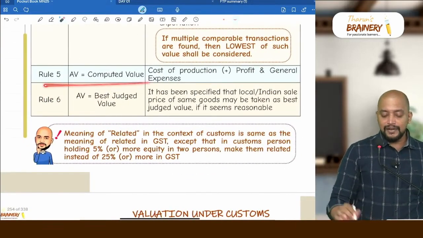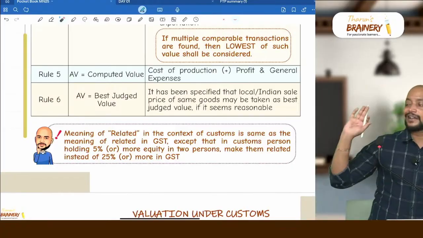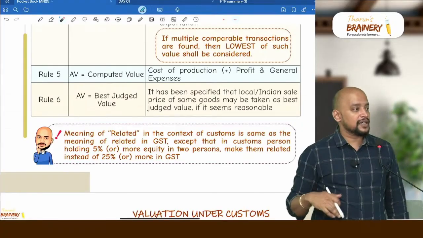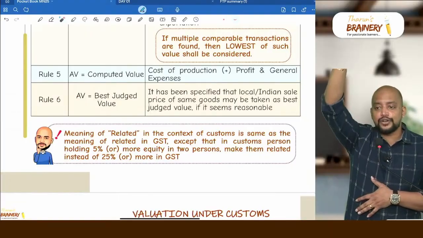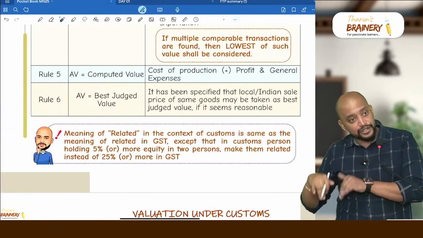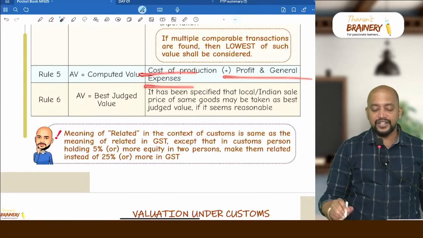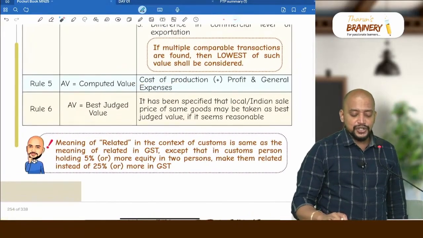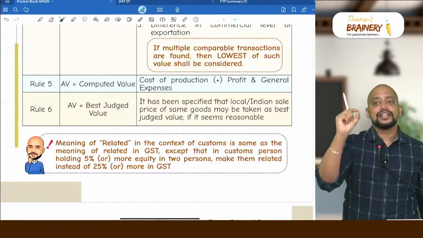Then assessable value equals computed value. This computed value is like in import, we have computed value, no? But only in the Indian context we will do this, that we are doing in the exporter's context, for an exporter who is in India. So that is the normal cost of production, profit and general expenses. Why will we not add freight and insurance? Because in case of export we take the FOB price, not the CIF price.